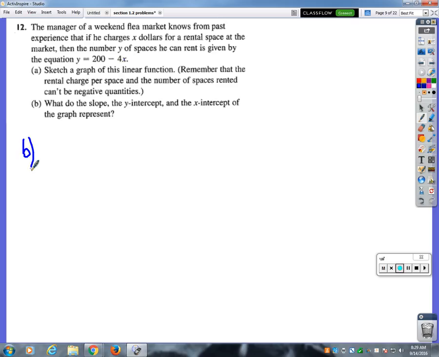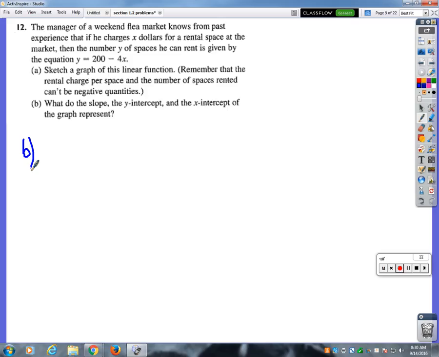B, what do the slope, the y-intercept, and the x-intercept of the graph represent? So what does the slope represent? The more he charges, the fewer spaces he can have. It's the number of spaces he loses per dollar. Oh, okay. So as he charges a dollar more each time, then 4 fewer people will want to rent a space.